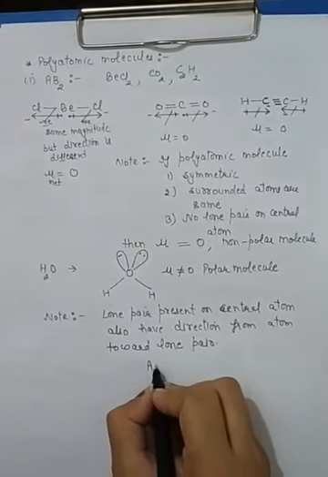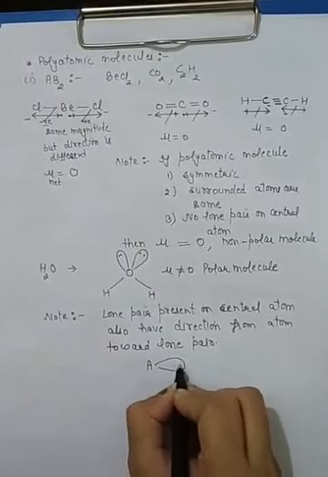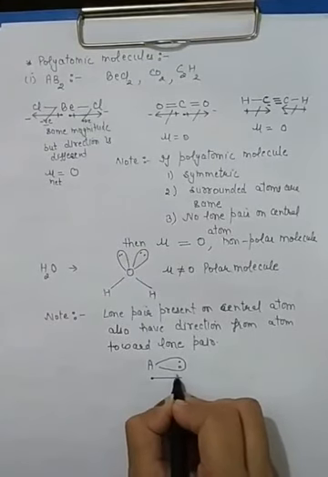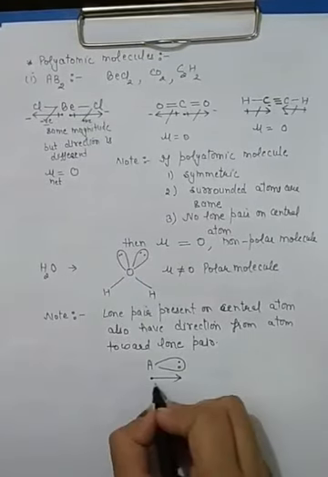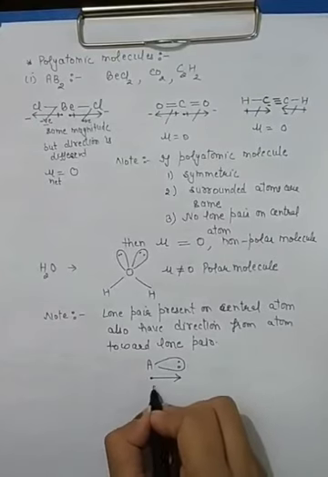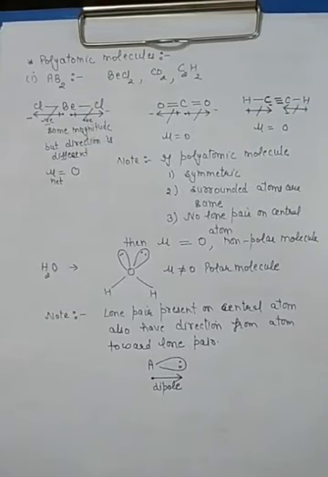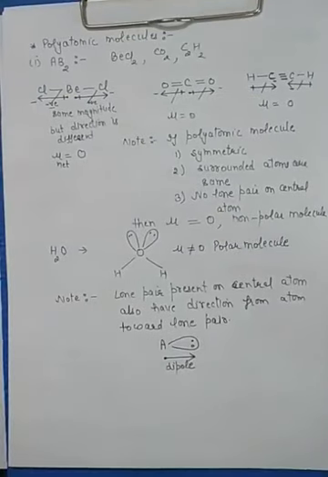Suppose this one is the atom and it is the lone pair, so its direction of dipole is in the direction of the lone pair. Okay, this is the direction of the lone pair.